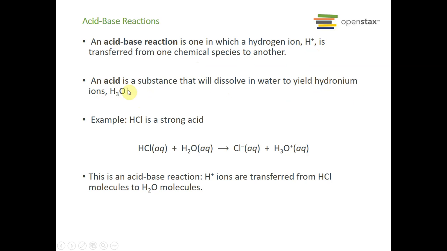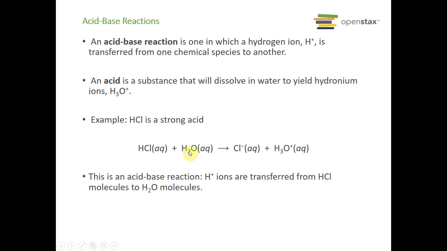So it's more often found in solution as a hydronium ion, but actually talking about it as the hydrogen ion or the hydronium ion is essentially equivalent. And let's just say that in water this is what it really is, but we talk about it as a hydrogen ion. So the example is hydrochloric acid is a strong acid.